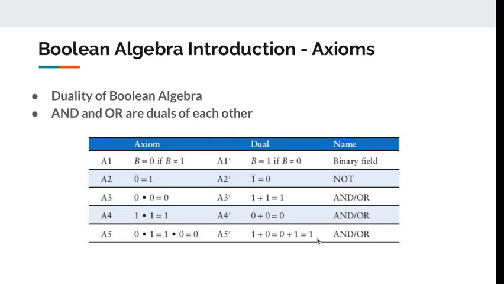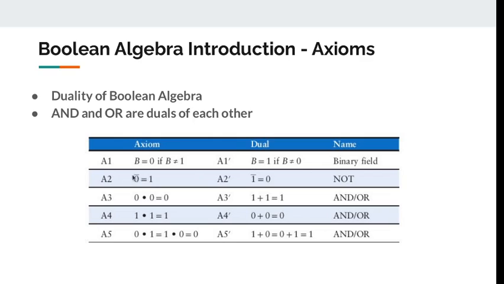summary of that, and we're going to see through this class that we have the duality of Boolean algebra. We have most of our definitions: a definition for AND and a definition for OR. In the same way, if a variable is 0, it cannot be 1, and if a variable is 1, it cannot be 0.